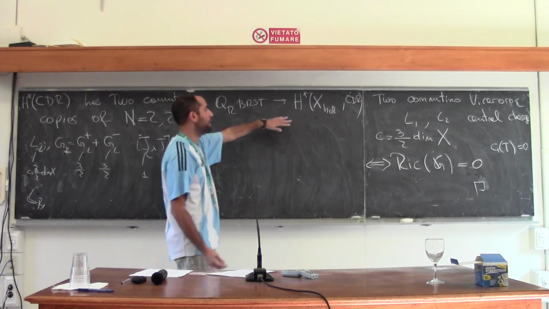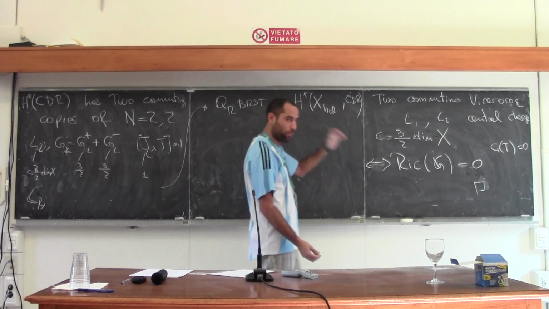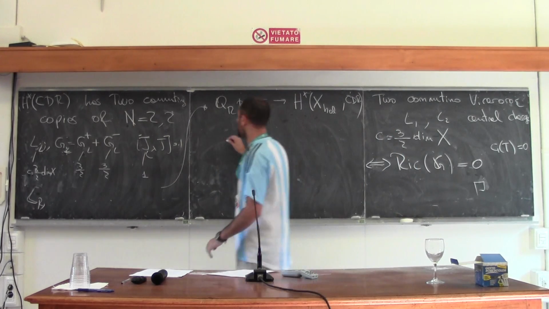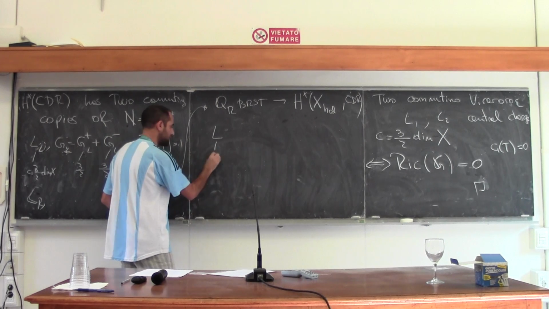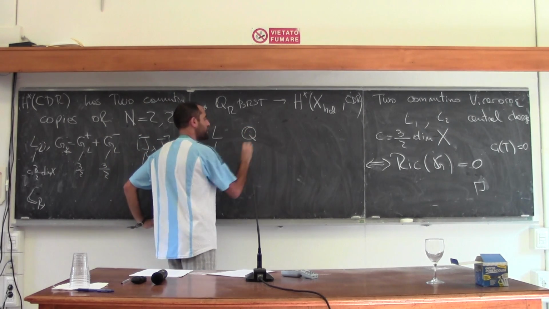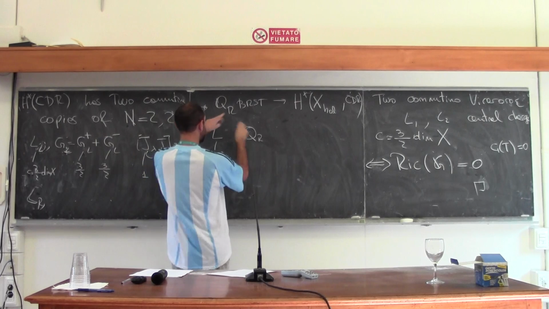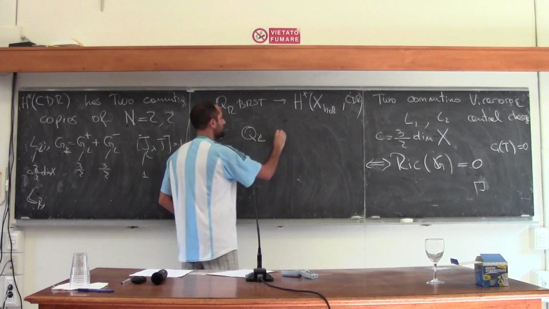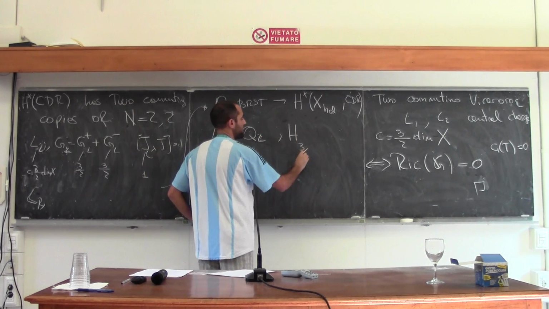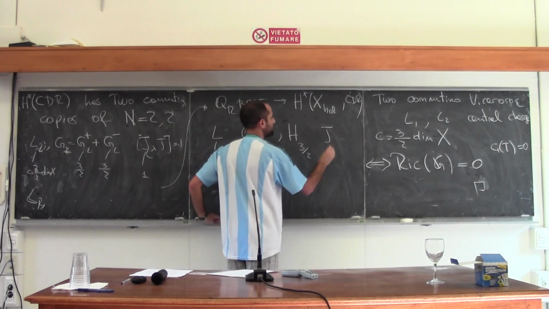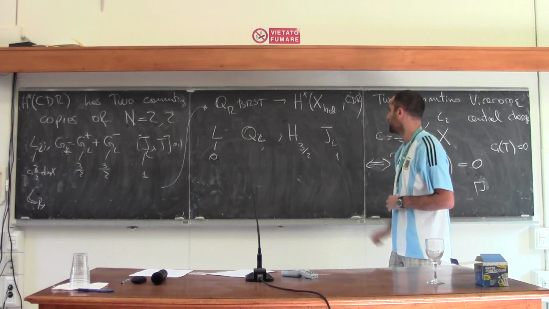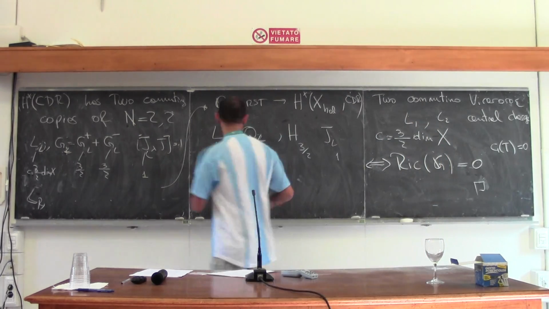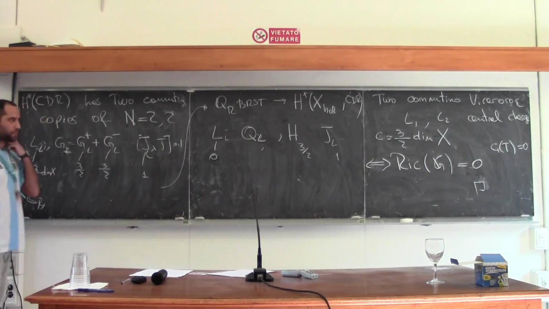So on the chiral complex of a holomorphic manifold, I have a Virasoro of central charge 0, a Q_BRST that now is the left Q_BRST that survived, another fermion of conformal weight 3/2, and a U(1) current. This is the U(1) current on the left. So this structure is there on the chiral complex.